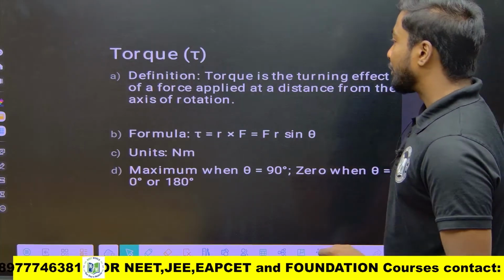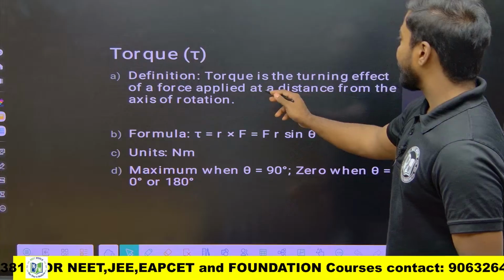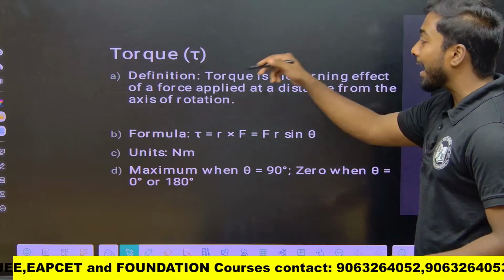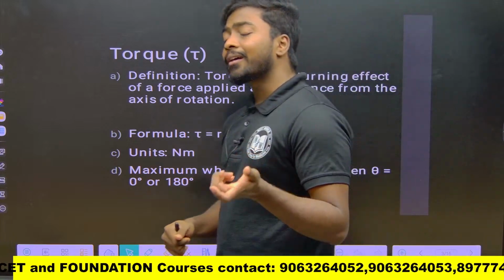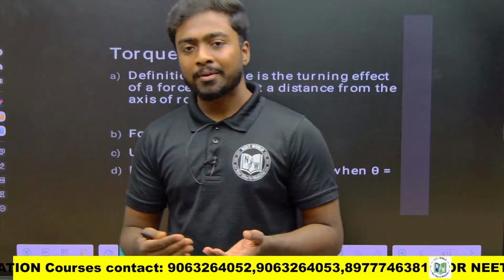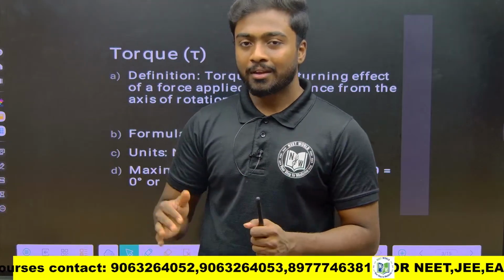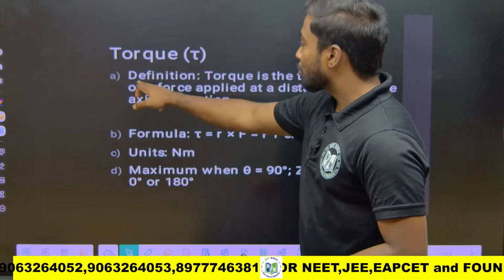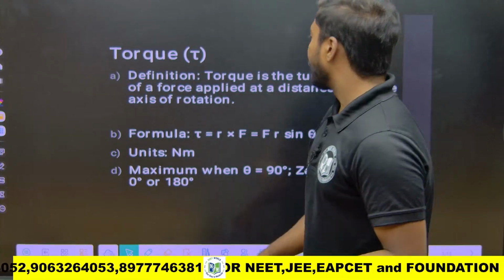So what is torque? See, torque is the turning effect of a force applied at a distance from the axis of rotation. When you are considering the force, we can take it in one dimension or two dimensions, whatever it is. But for one dimension we'll say it is a force, for two dimensions we'll consider it as a torque, right?